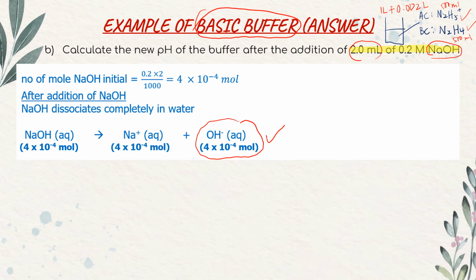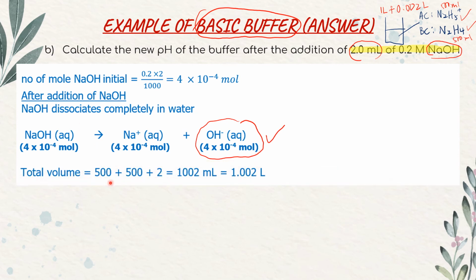Okay. Untuk number of mole of N2H5 plus dengan N2H4, you don't have to calculate again. Number of mole tadi kita dah calculate dekat part A. So just use that number of mole. Number of mole dia masih belum berubah lagi. Okay.